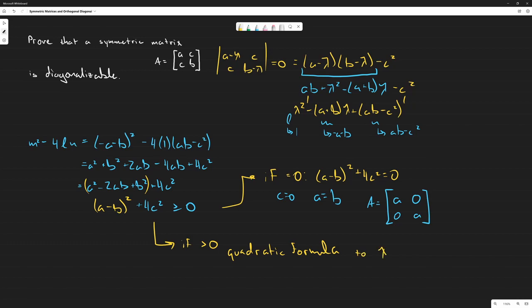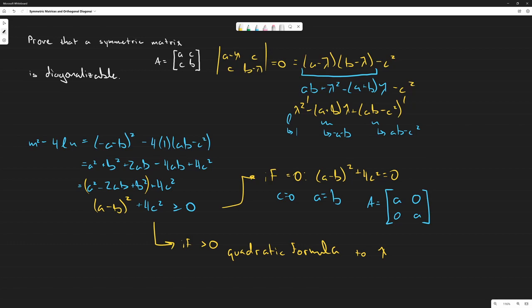This will be the characteristic polynomial, and we'll know that the eigenvalues will be two distinct roots because the discriminant is positive. That means all the roots of the characteristic equation will be real. So this is going to give us two distinct roots, which implies that A has two distinct real eigenvalues.